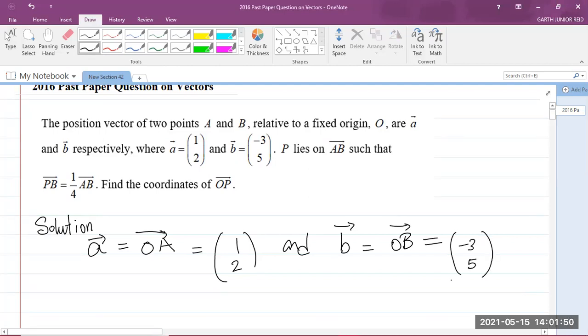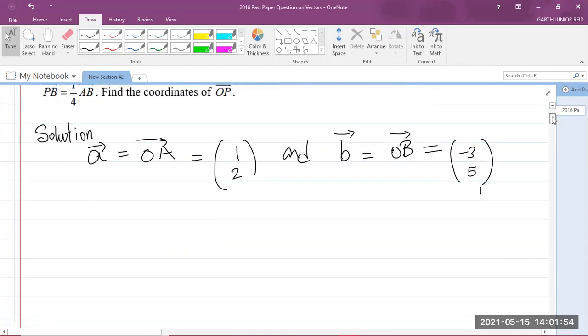That is what we're given. And the question stated that the vector PB is equal to 1 over 4 multiplied by the vector AB. Okay, that is what it says.